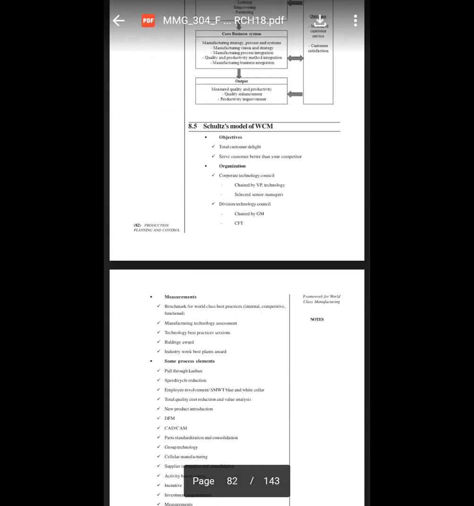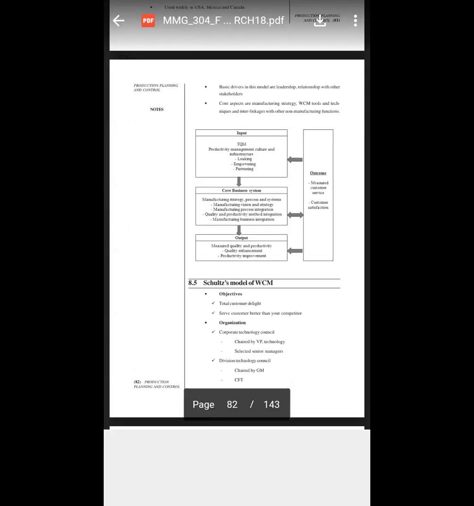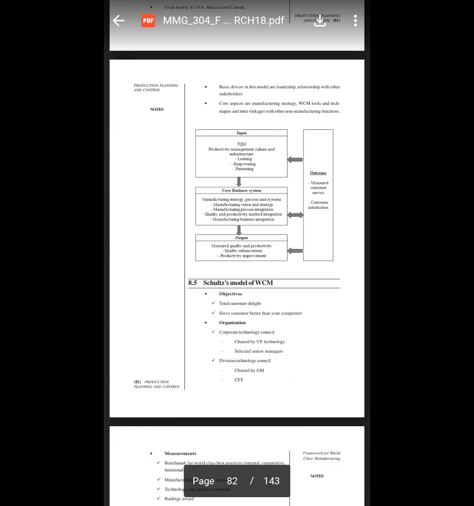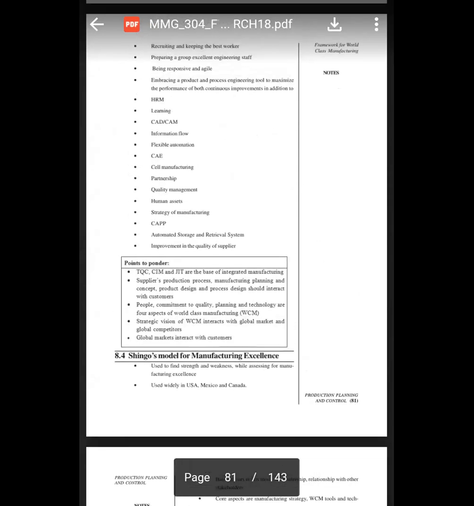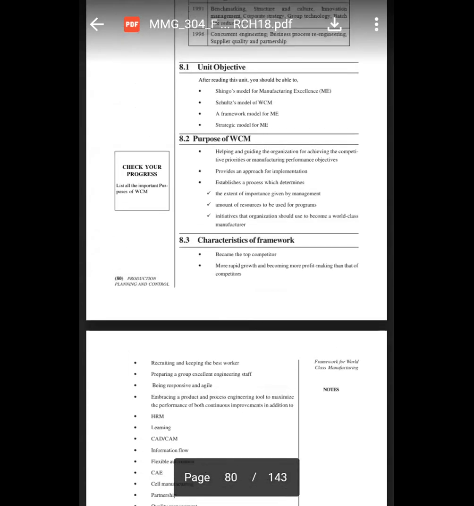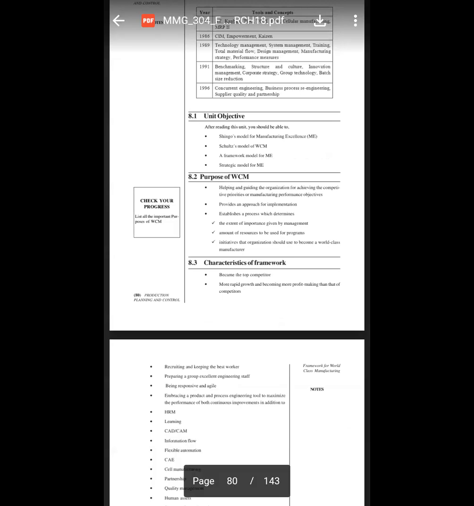This world-class manufacturing framework has been helpful for the growth and development of manufacturing units, and lots of manufacturing units, even in India, are utilizing the concepts of these tools, because these tools are very effective for establishing a standardized format, increasing the flow of activities, and capturing the market condition.